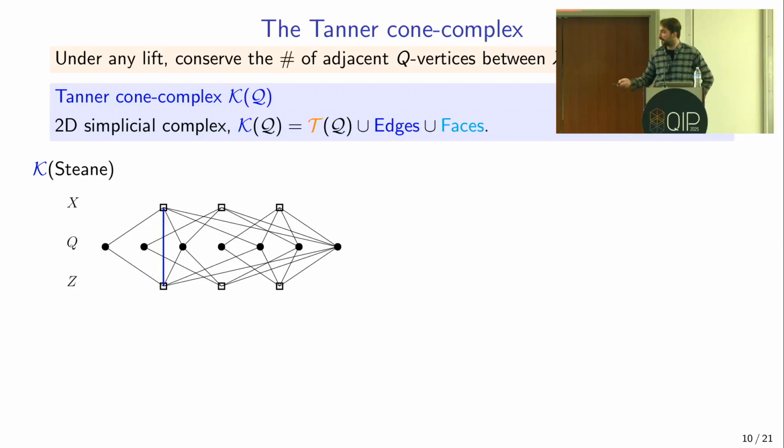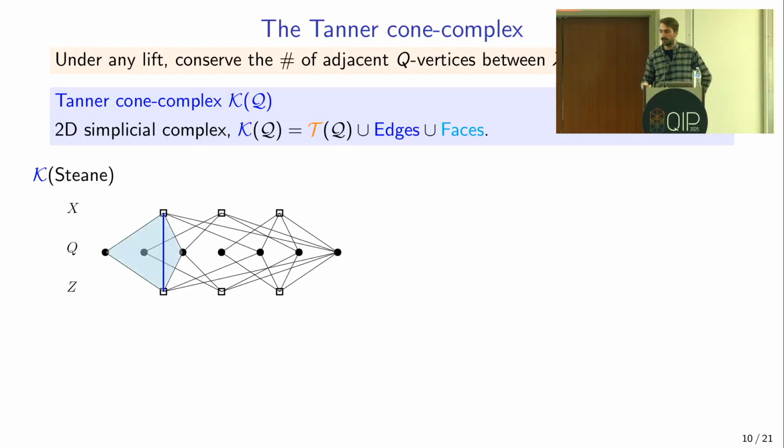So for instance, this X and Z share 4 qubits, so we put a blue edge between them. And then for each of the qubits in the intersection of their support, we add a triangular face. Here they share 4 qubits, but I only show 2 blue faces. I will need to put 4 blue faces, but here we have 2 qubits, and you put this blue face that has this blue edge as its boundary.